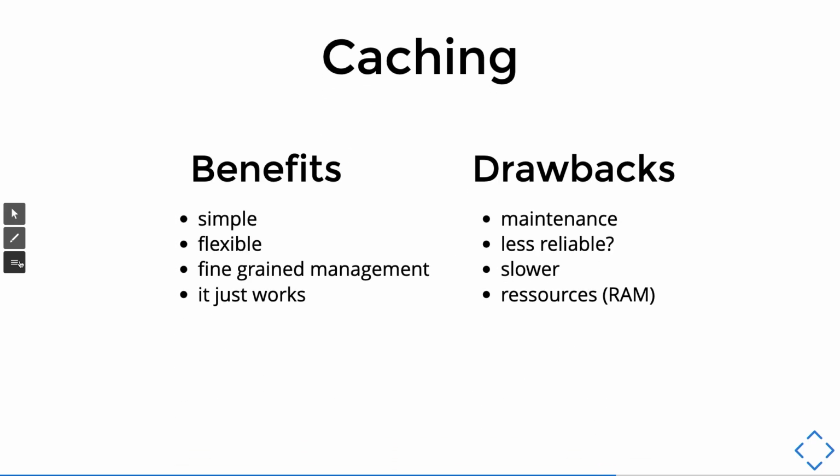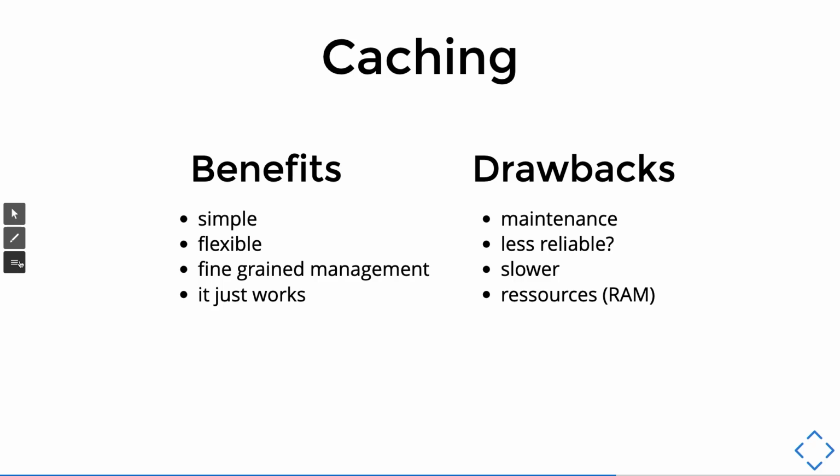The benefits of our system: it's stupidly simple, but it works perfectly also. It's flexible, and we have fine-grained management. We do exactly what we want with our cache, and this is what we want to have. But there are also some drawbacks. There is a maintenance cost, because all the code you write, you need to maintain it.